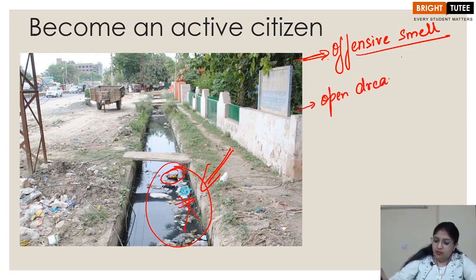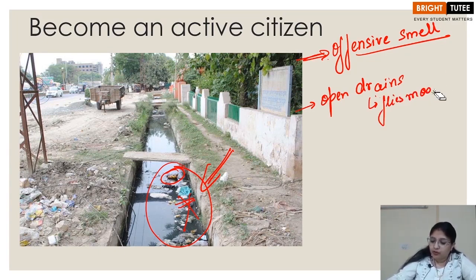Then also, open drains are breeding grounds for flies and mosquitoes, and we know that flies and mosquitoes are both disease causing organisms, right? Also, whenever it starts raining, because of all this unnecessary garbage present in the drain, overflowing takes place.